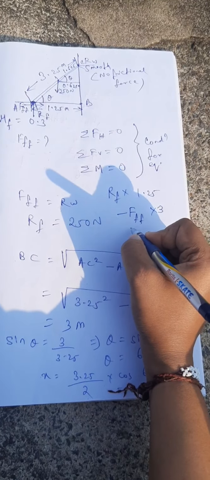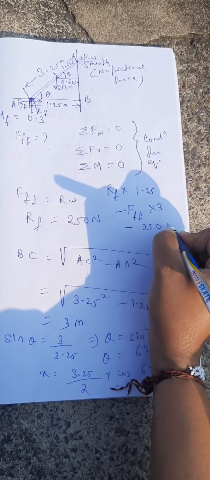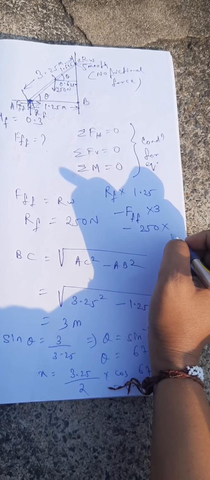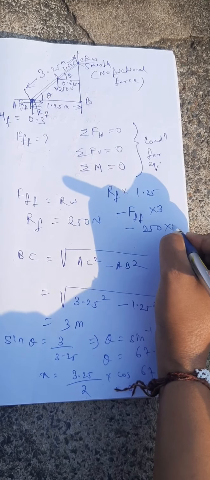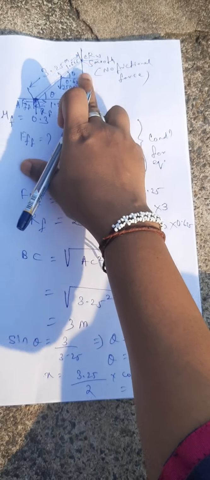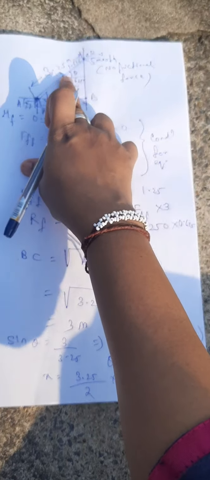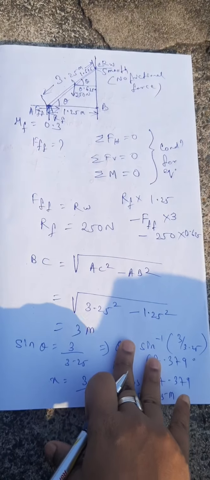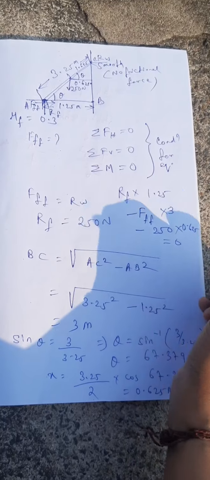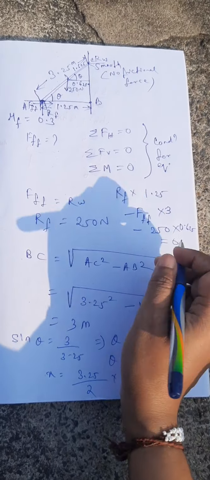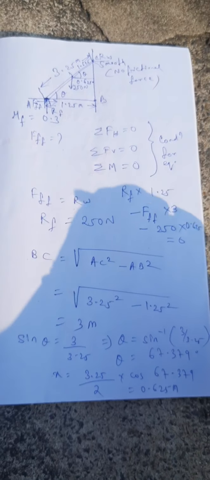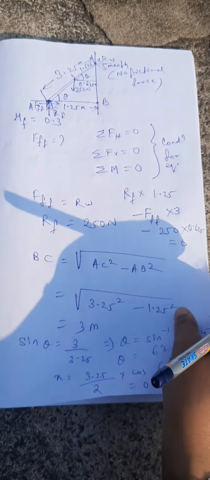So minus 250 into 0.625, the perpendicular distance between the weight and this moment center, this distance 0.625 meter. That is equal to 0. Net moment equals 0 to keep the body in equilibrium. So what is the value of RF? RF equals 250. So I'll write it on the other side.